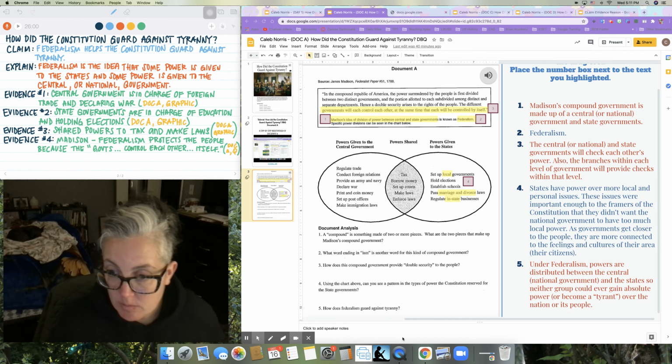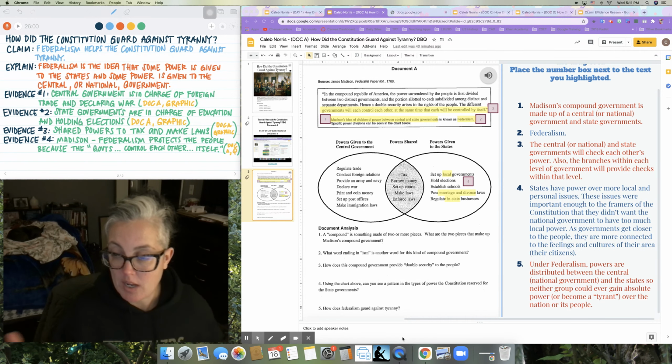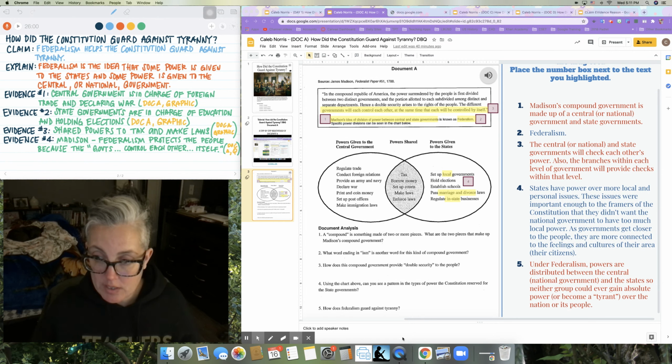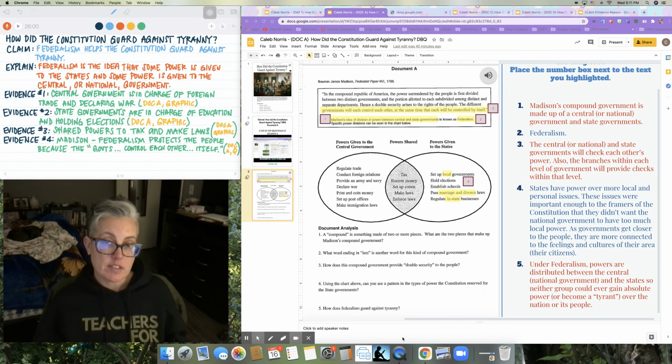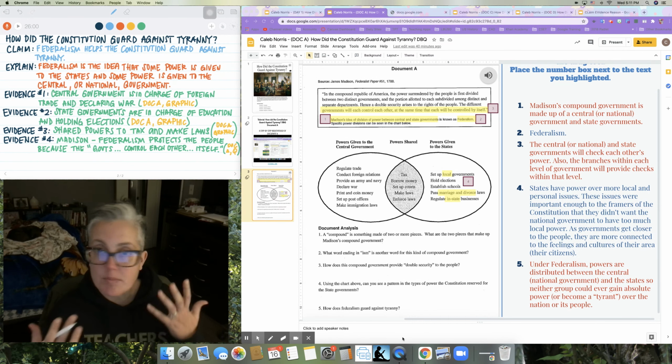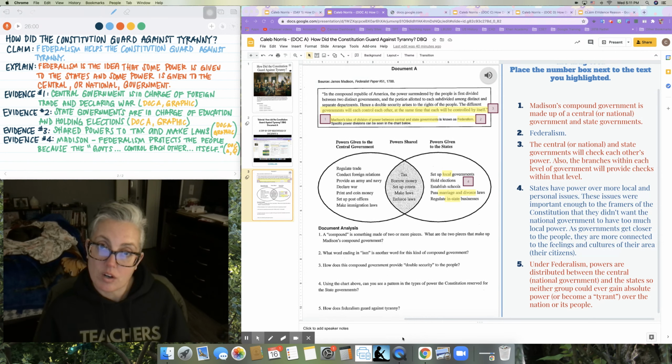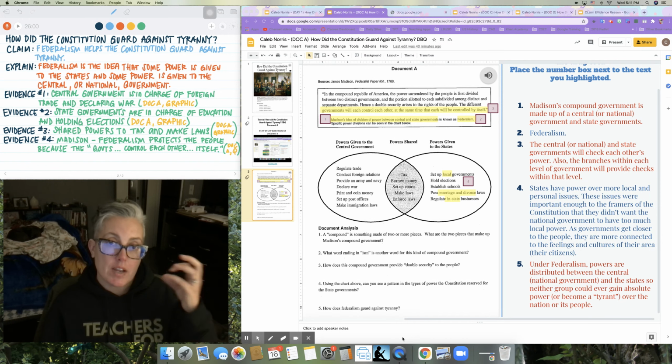So federalism right there is described by distributing the power so that nobody has more power than they need, and therefore there's no way a tyrant can come out. Okay, so I'm going to use number 5 as my reason for this work, because I feel like it's the best connection to my evidence and my claim.